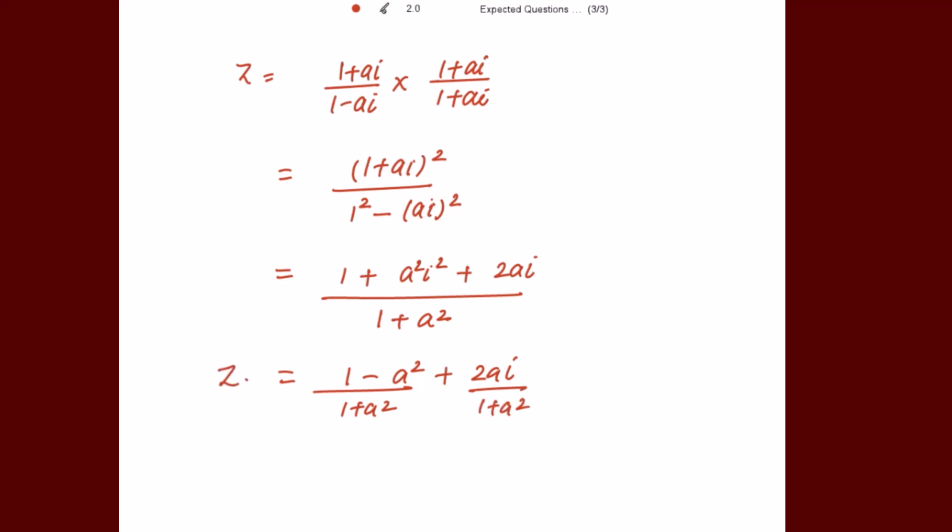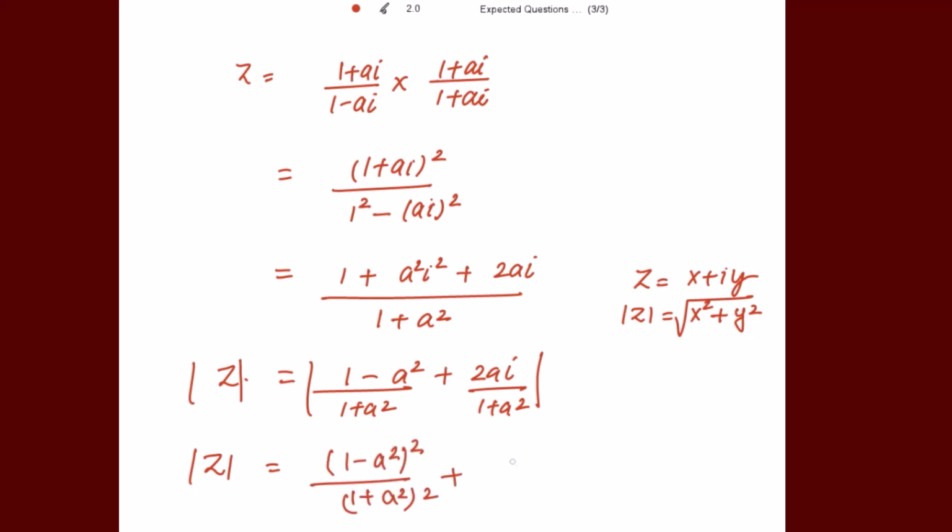This is your z. Now I need the mod of z. So taking mod on both sides, if z = x + iy, then the mod of z is the square root of the square of the real part plus the square of the imaginary part.